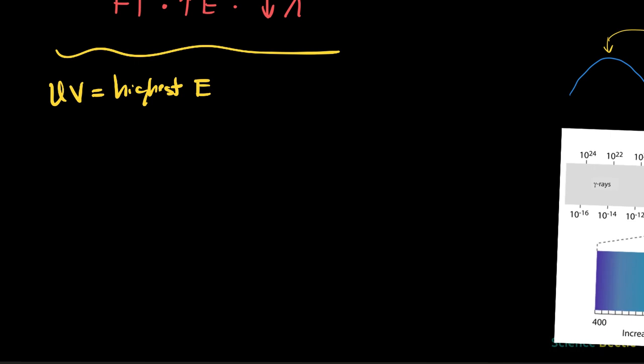And of the four regions, what's going to be learned from this is the UV light is going to allow us to understand electrons as they are excited. So electron excitation. And so we can use this to understand the structure of an atom. We can look at the shifting of energy levels of an electron from one level to another level, from ground state, for example, to excited state.